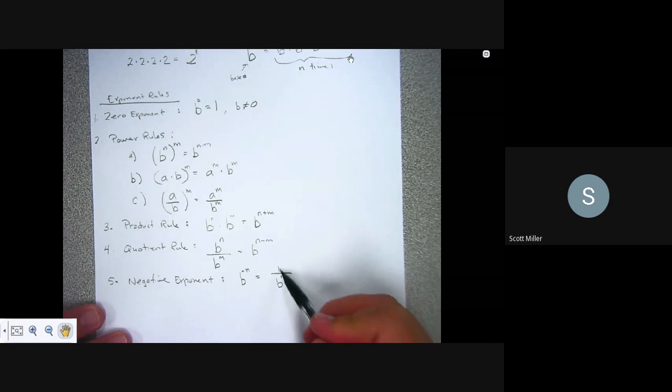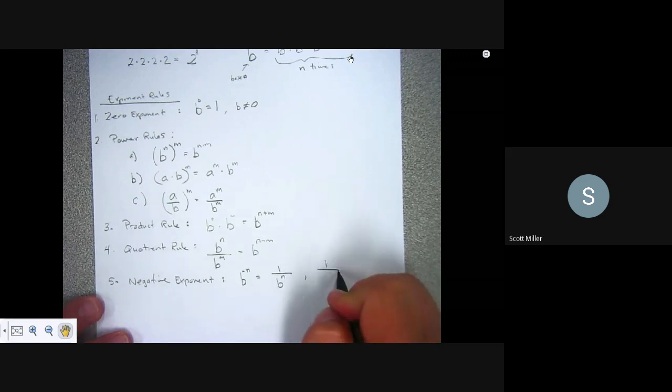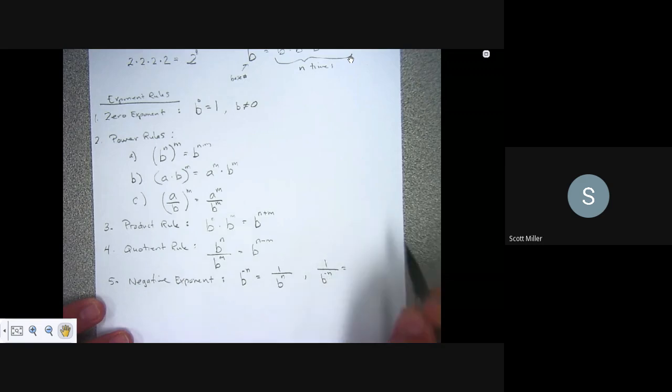Notice now that it's on the bottom, the exponent is now the opposite sign of what it was. Because I can do it the other way too. What if I have a negative exponent on the bottom? Well, then this whole quantity can move to the top of the fraction and just becomes b to the positive n. So these are my exponent rules.